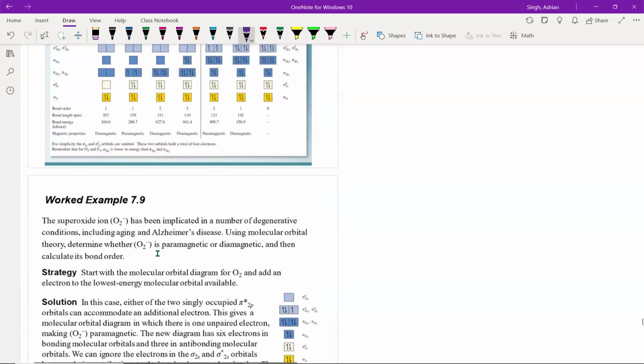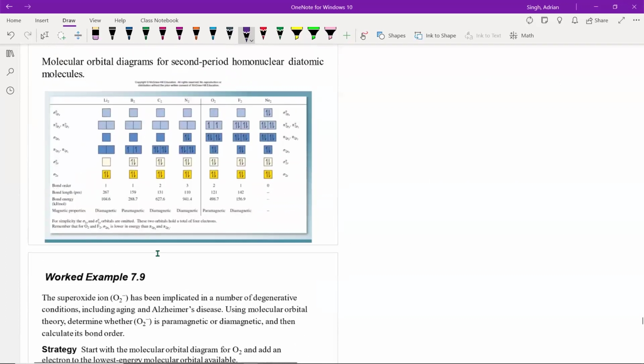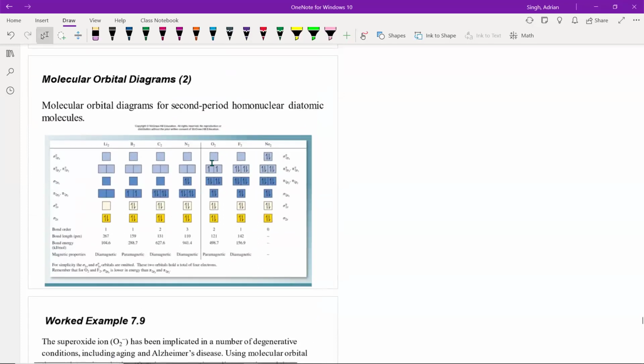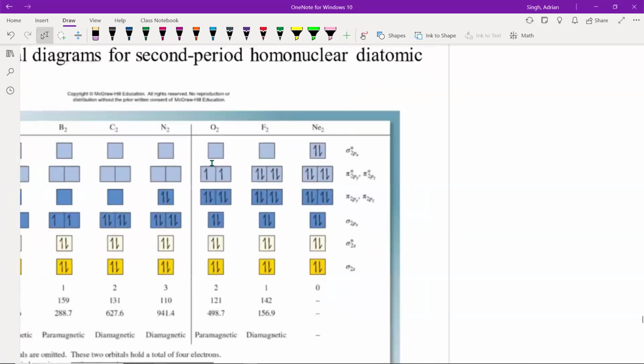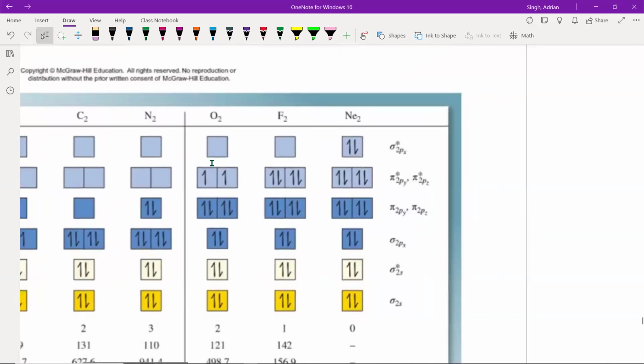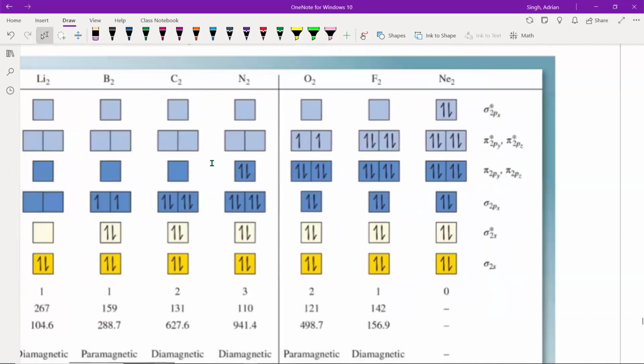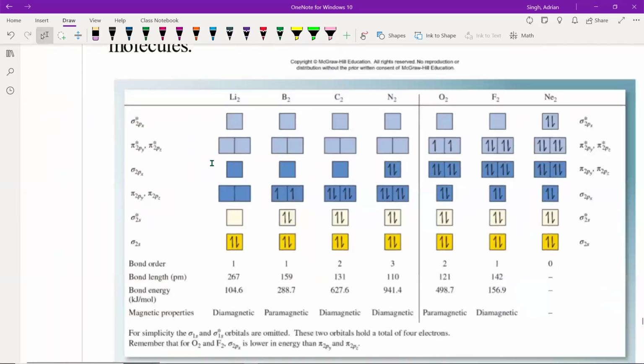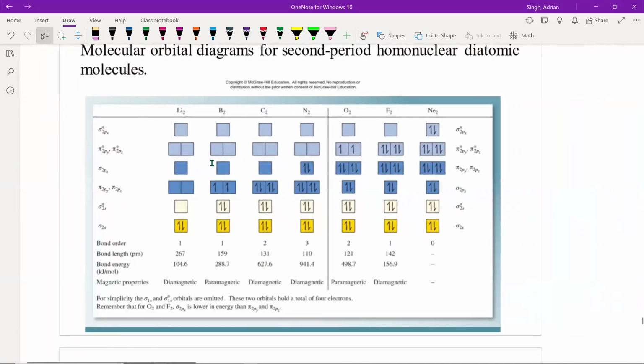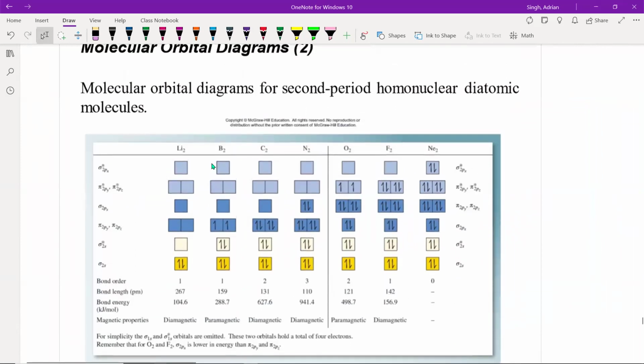And specifically, I want to turn your attention to the oxygen, the O2 molecule that we have. Okay, so you will notice in all of these, these are all second row, second period homonuclear diatomic molecules. Again, homonuclear means that they're made up of the same atoms.